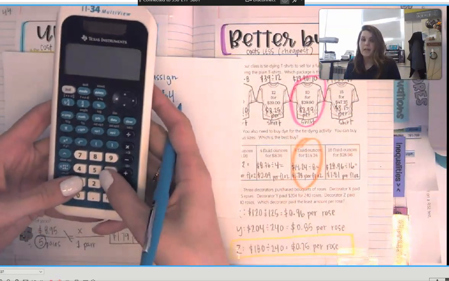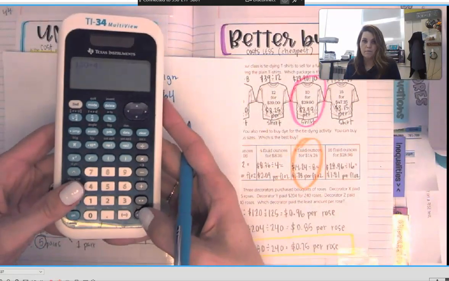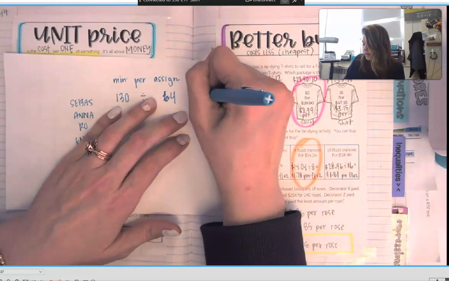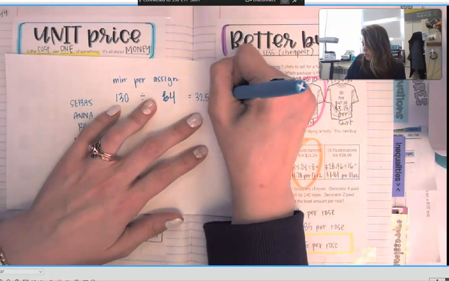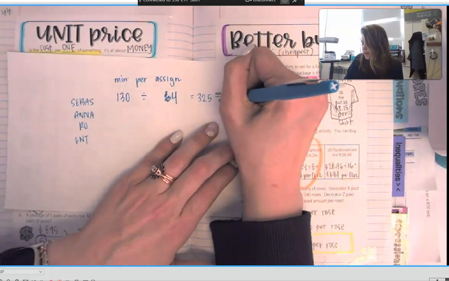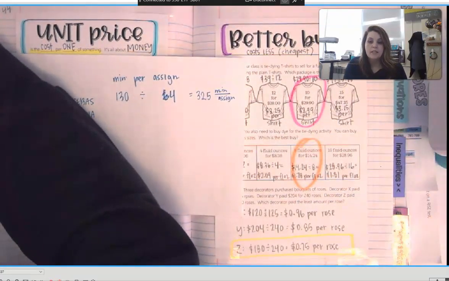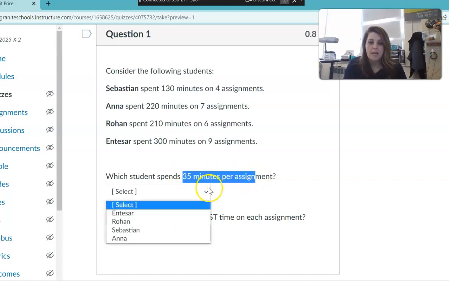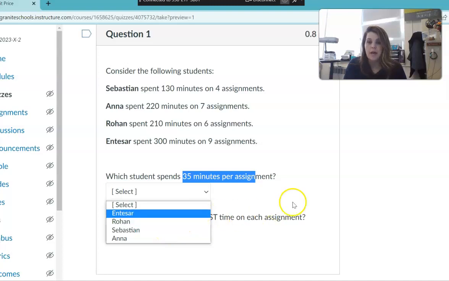So literally in my calculator, I am just going to do 130 divided by 4. That gives me 32.5. This means that Sebastian took 32.5 minutes for each assignment. So on this question, where it says who spent 35 minutes per assignment, well, it's definitely not Sebastian because he only spent 32.5 minutes.